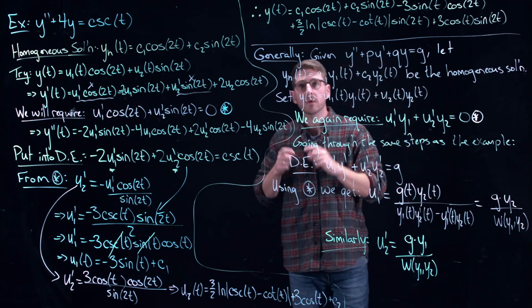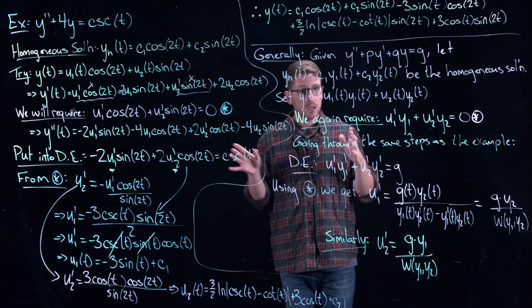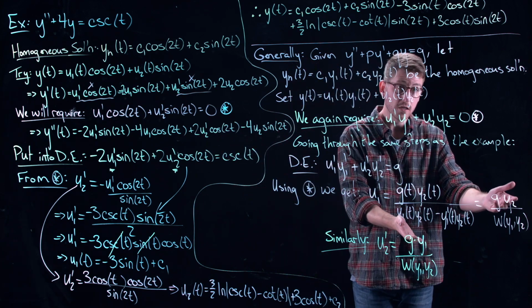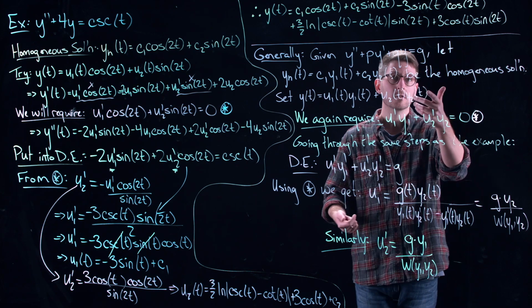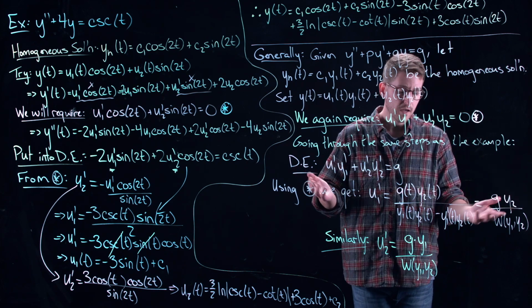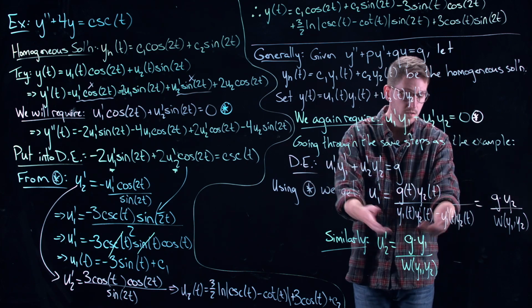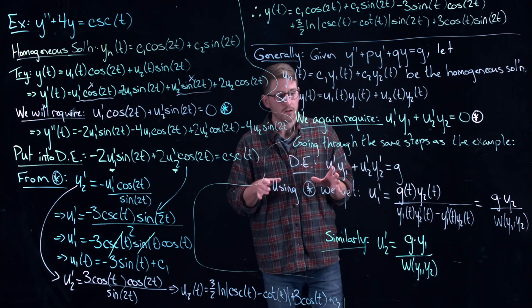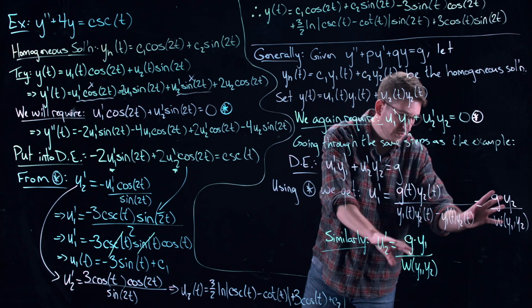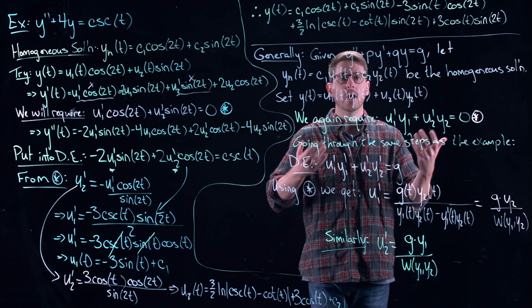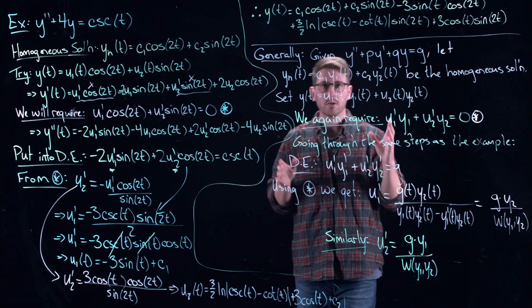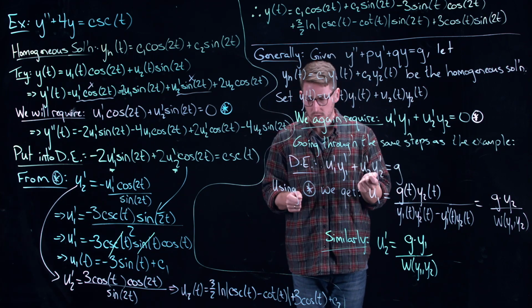If you already know what the homogeneous solution is, then the only information you need is the homogeneous solution and whatever g is. Then it's easy: it's just a computation of the Wronskian and a little bit of integration. This is all something that we can handle. Once you have it in this form, integrate up, you've got u1 and u2, and from this piece right here, you've got yourself your solution to your differential equation.